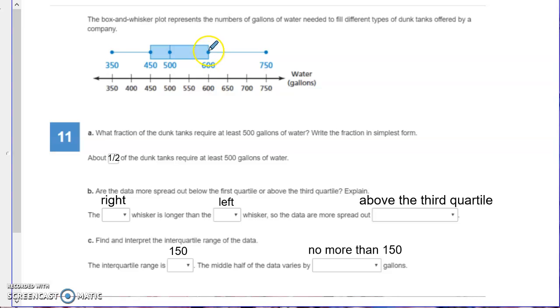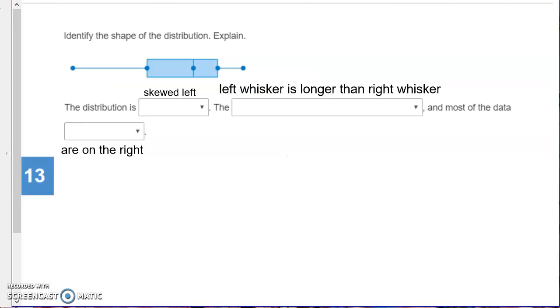Well, the interquartile range would be my third quartile 600 minus my first quartile 450 here. 600 minus 450 is 150. And then the middle half of the data varies by no more than 150 gallons. So the middle half of this data here varies by no more than 150 gallons.